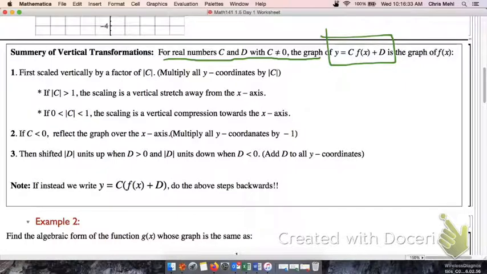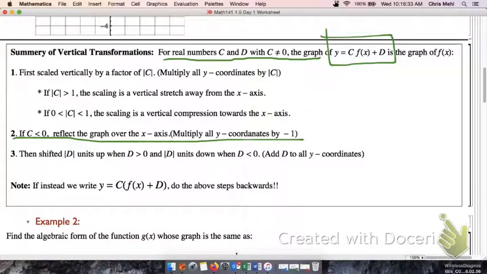Now, number 1, it says first you vertically scale by a factor of absolute value of c, which means essentially you're multiplying all the outputs or y coordinates by absolute value of c. The reason we're putting in absolute values is because if c ended up being negative, number 2 says reflect or follow that scaling with a reflection over the x-axis.